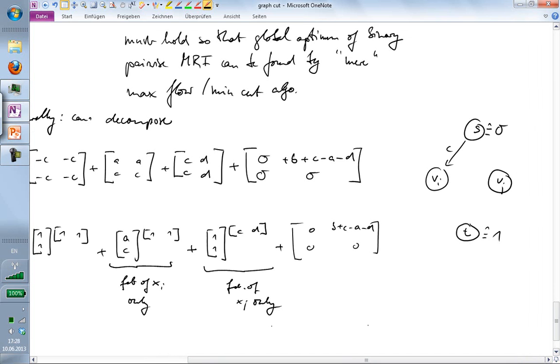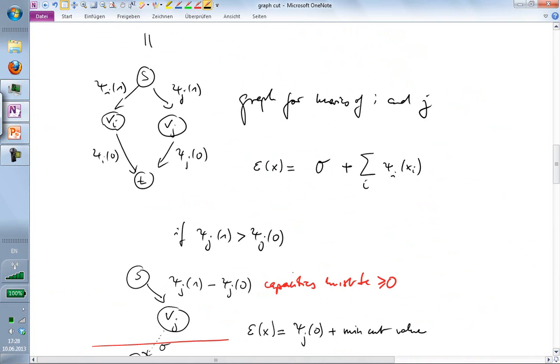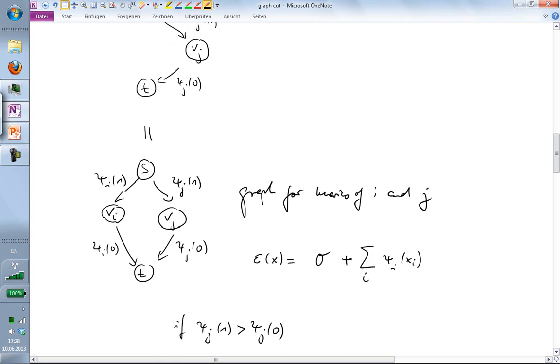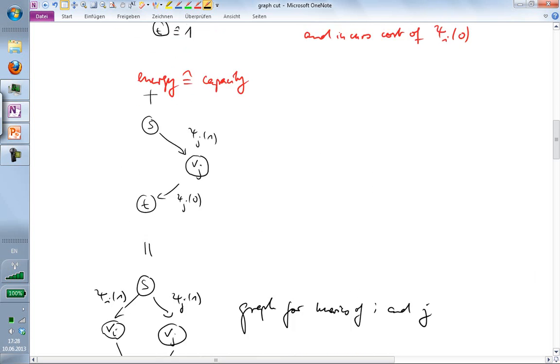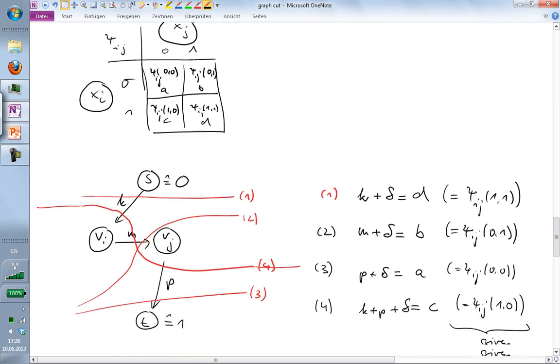And if I scroll back once more to what we had done in the unary case, I assigned the potential of the node belonging to class 1 to the top arrow, and the potential of the node belonging to class 0 to the bottom arrow. And this is the same recipe that I'm using now.